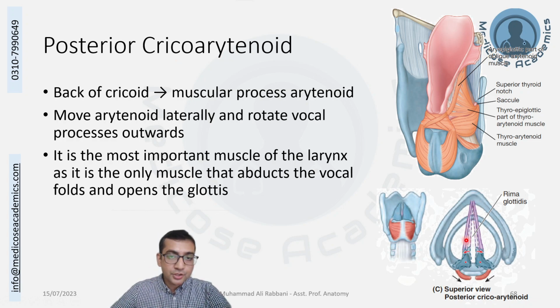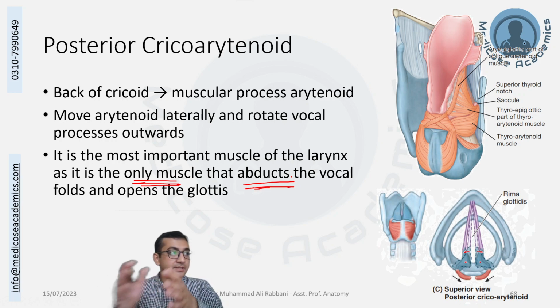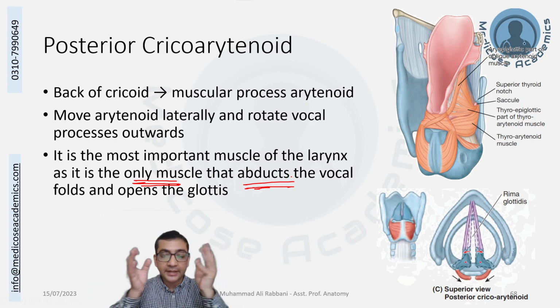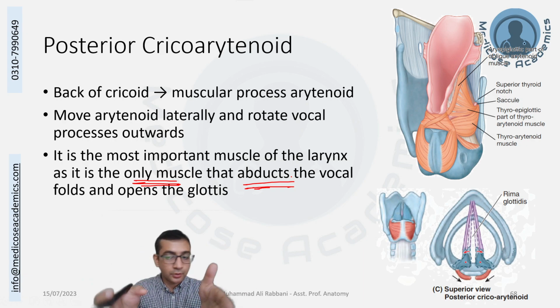So this is the posterior cricoarytenoid muscle, and this is the only muscle, a very important point, that abducts the vocal cord. That opens up the airway, and if anything happens to this particular muscle, you are left with adducted vocal cords, and that is blockade of the pathway.